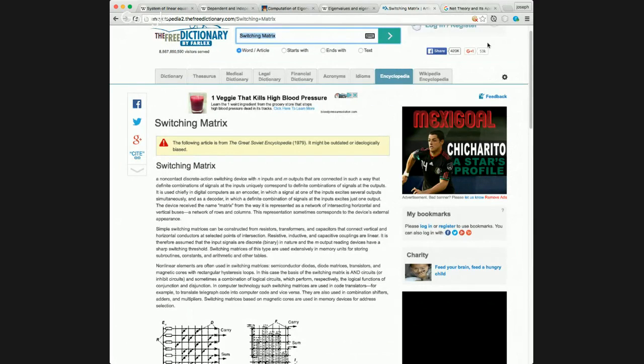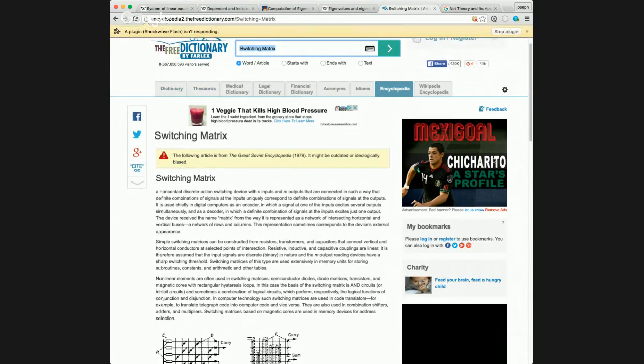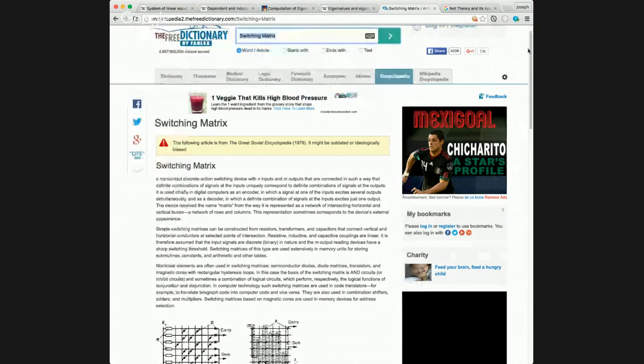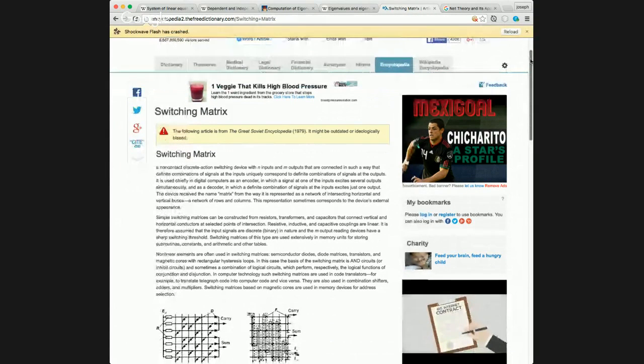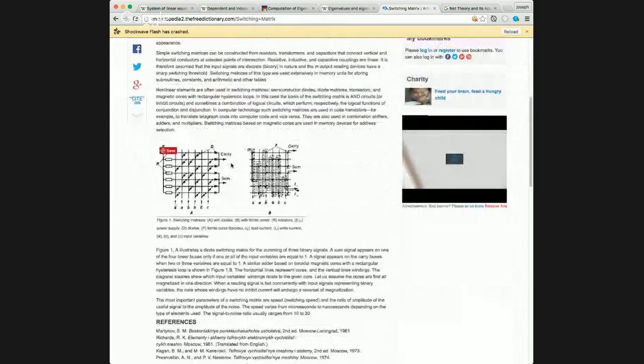that essentially represents the switches in a physical system, and a simple switching matrix can be constructed from resistors, transformers, capacitors that are connected. And so essentially we're looking here at a representation of analog circuits.